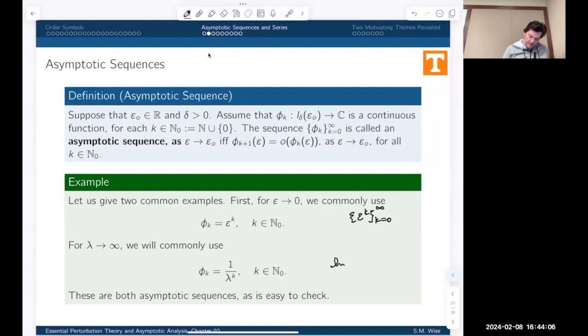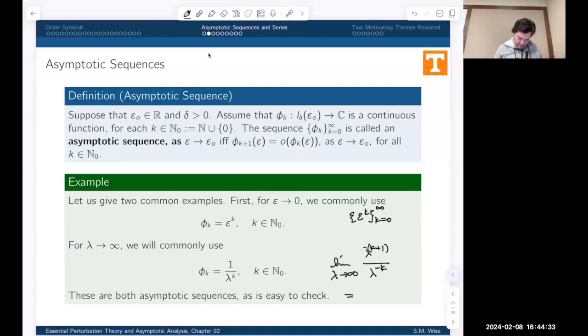We have to show the limit, things are getting large. We have to put the larger index element of the sequence on the top. So that's 1 over lambda to the k plus 1, with a minus sign, right? And on the bottom, we have lambda to the minus k.